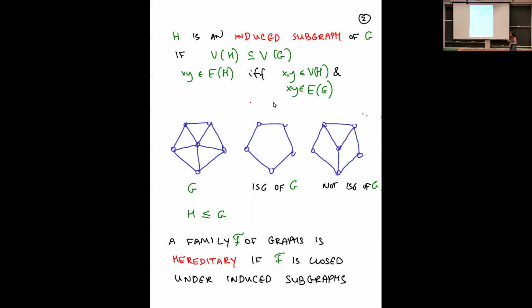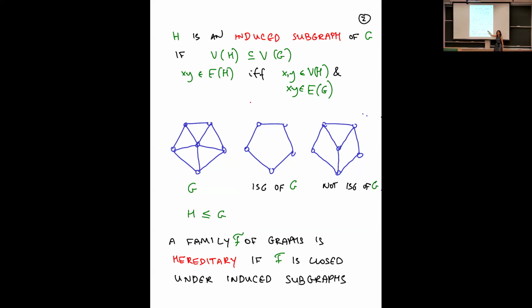So let me do a quick example. This is G. This is an induced subgraph of G because to get this from that, what you do is remove this vertex and just keep the outside 5-cycle, and you get that. Now this is not an induced subgraph of G, because why?